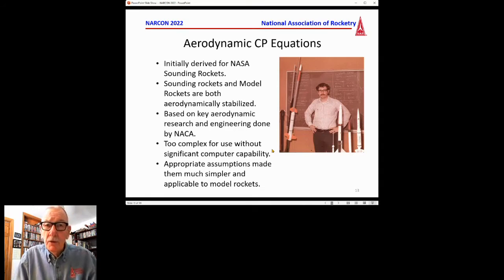So in getting those aerodynamic center of pressure, CP, equations, I did that as a NASA engineer working with sounding rockets. Sounding rockets and model rockets are both aerodynamically stabilized.